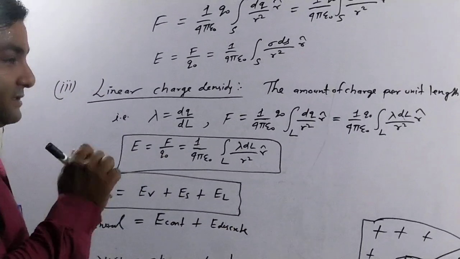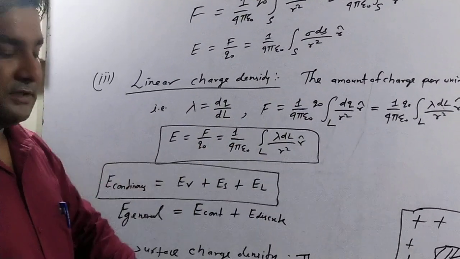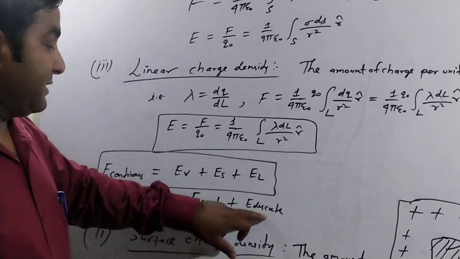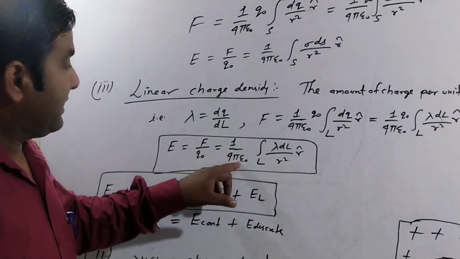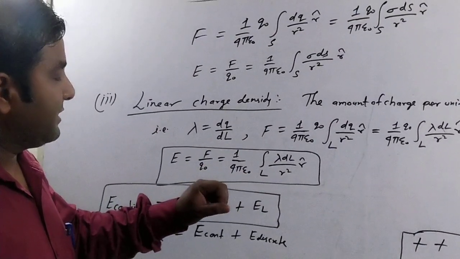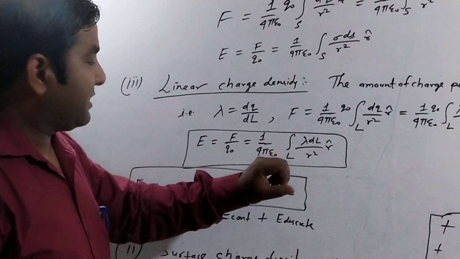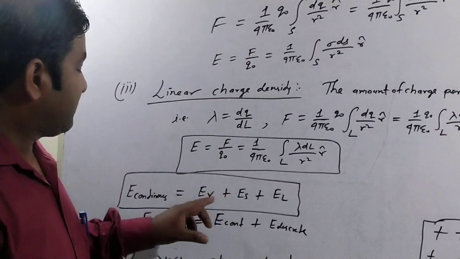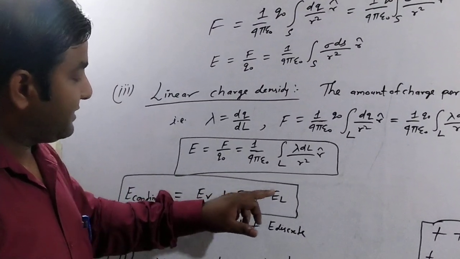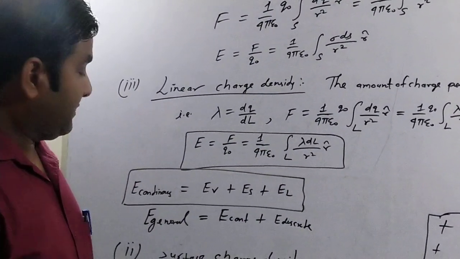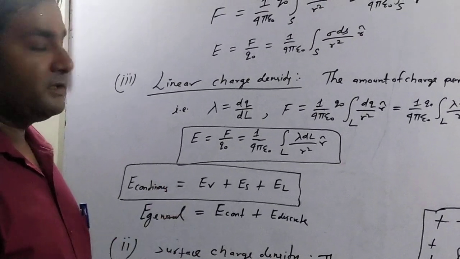Discrete means the charge lies at one position and another charge lies at another position, with no continuous form. Then the calculation in discrete terms is 1 upon 4 pi epsilon naught, charge qi at position ri, then ri square and unit vector r. And E continuous we calculate in the volume charge density concept, the surface charge density concept, and the linear charge density concept.